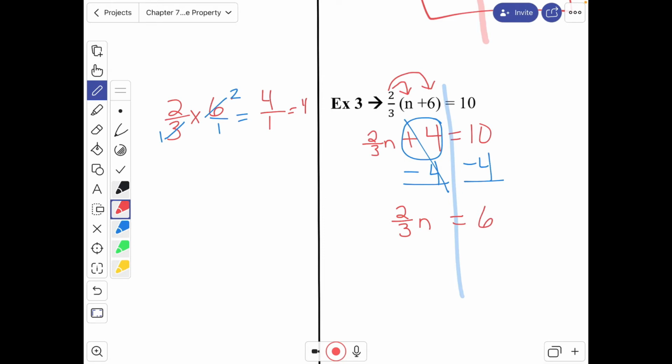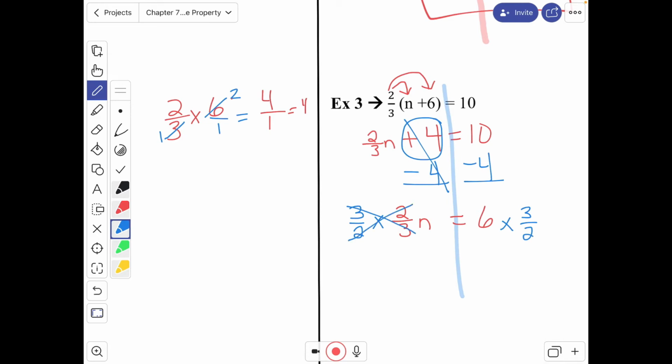Okay, so we have 2/3 times n. The opposite of multiplying by 2/3 is dividing by 2/3. But when we divide by a fraction, we have to change to multiplication and flip the fraction, or take the reciprocal. So times 3/2 on both sides.